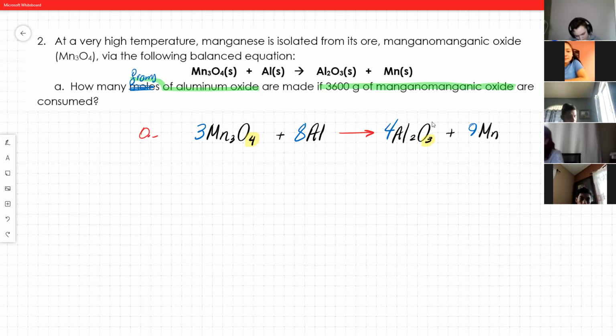It's there, it is specified in the word problem. Manganic oxide is Mn3O4. So the substances that are related are manganic oxide and aluminum oxide, which is the other right here.